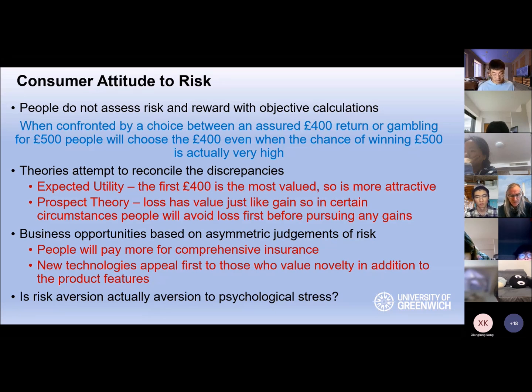Okay, so people will take this asymmetric judgment of risk. They will tend to lean towards the safe option rather than taking a riskier option, which in fact pays off better. An example of this would be car insurance. In this country, we have different levels of car insurance.